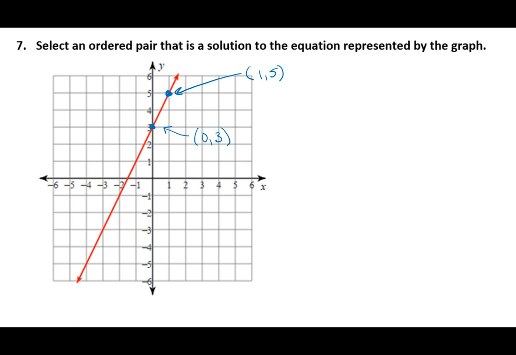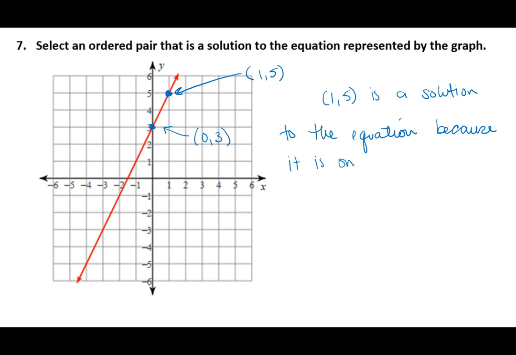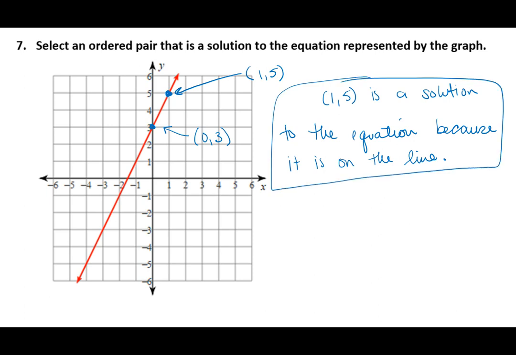The explanation for this one would be, for example, 1, 5 is a solution to the equation because it is on the line. That's it. I do need an explanation for this one.